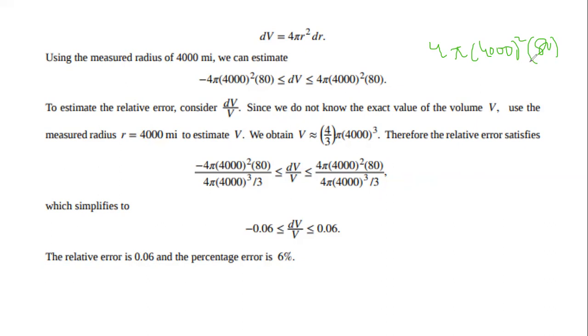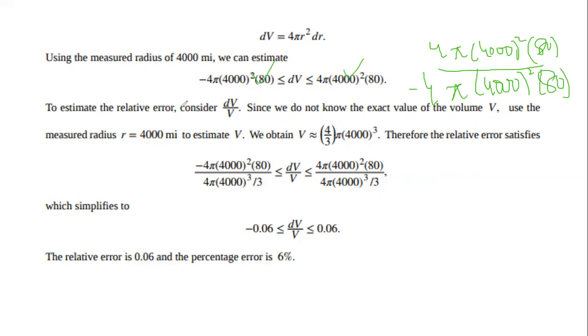So this is the upper limit, that is 4 pi, 4,000 squared, into 80. And the lower limit is negative of 4 pi, 4,000 squared, into 80. I will write this.